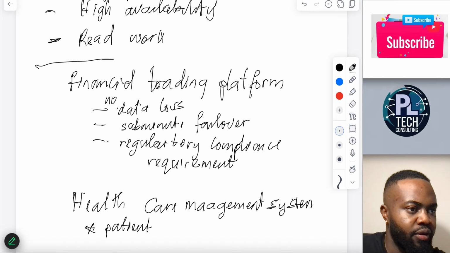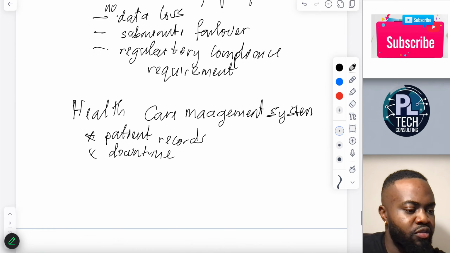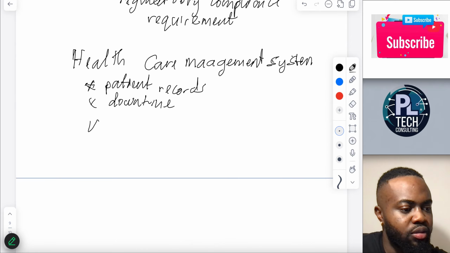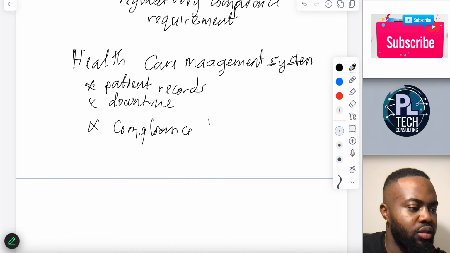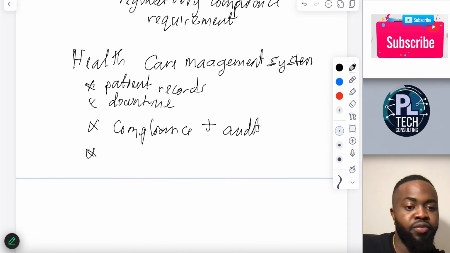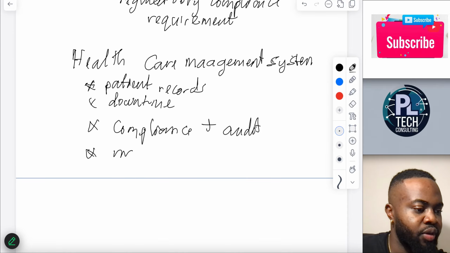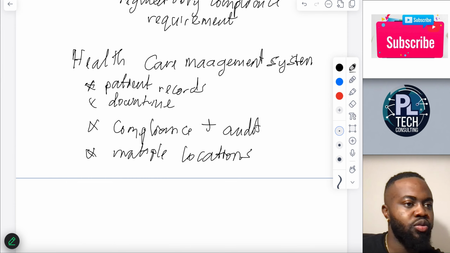You know, you can't afford any kind of downtime. And then you also have to meet strict compliance and audit, and then also multiple hospital locations for the franchise hospitals, right? So that would be a good use case for Aurora.